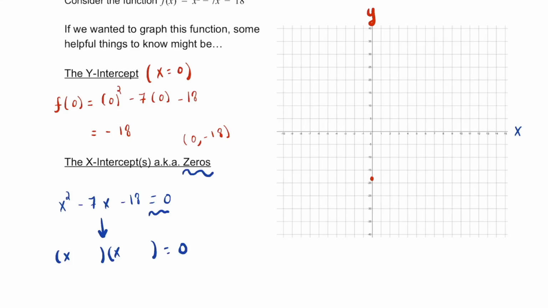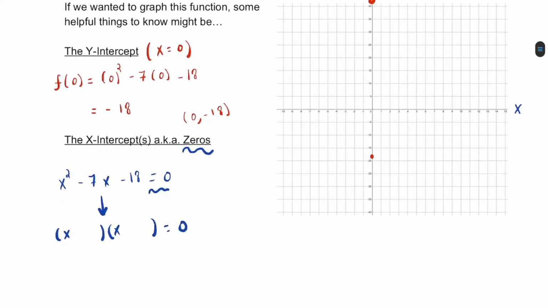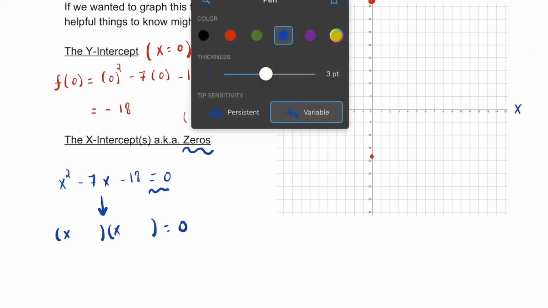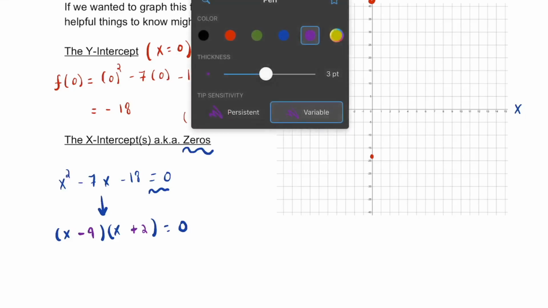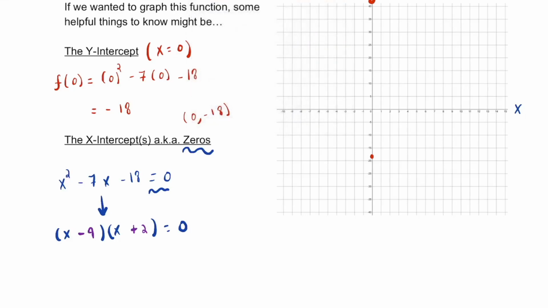And now I'm looking for two numbers that are going to multiply to make negative 18, but add to make negative 7. And I've done this a bunch of times, so I know that these numbers are negative 9 and positive 2. We're going to go over quickly in a second how I did that, but for right now, it's fine that you can just take that as proof.